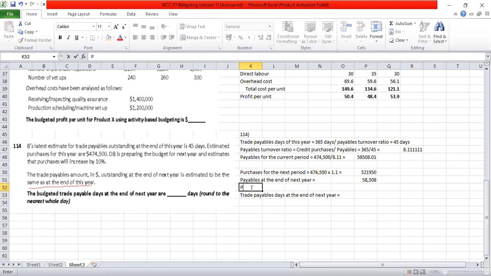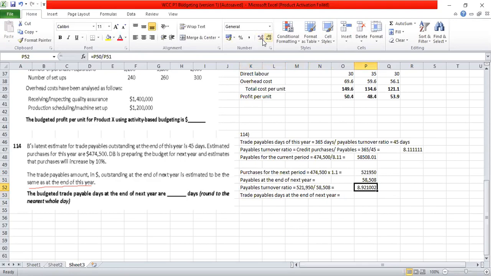Let's first calculate the payables turnover ratio, which is equal to credit purchases of 521,950 divided by payables of 58,508.